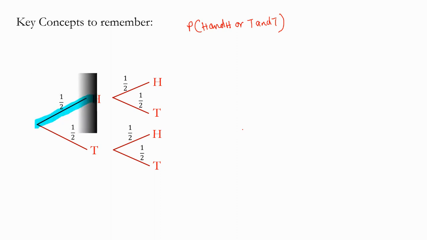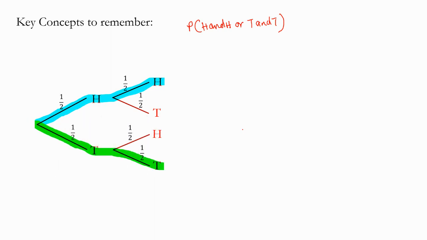So we need heads and heads, or tails and tails here. This is the probability of getting heads and heads, which equals 1 over 4. And then this one, probability of getting tails and tails.